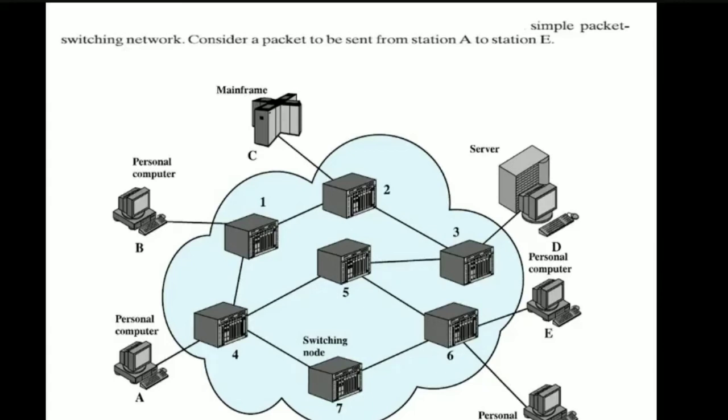So when the link is available, the packet is transmitted from node 4 to node 5, and then eventually node 5 will transmit the packet to node 6, and finally node 6 will transmit the packet to node E. Okay, so sir, you told the same thing in circuit switching also. Now what is the difference between circuit switching and this packet switching?